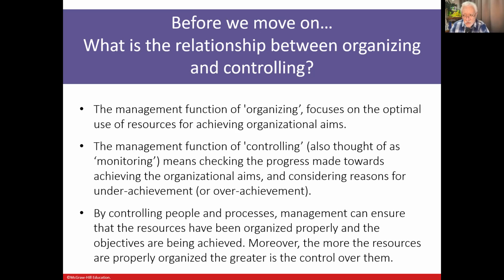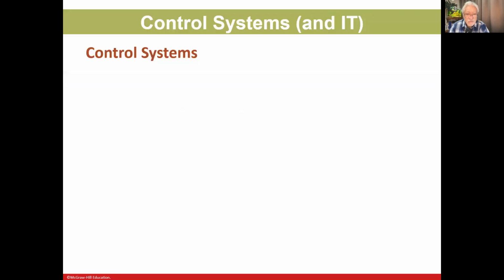if we control the processes that people operate, then we can figure out whether we're doing things adequately and whether we are enjoying the value that we intended to derive from putting those people and those processes together.